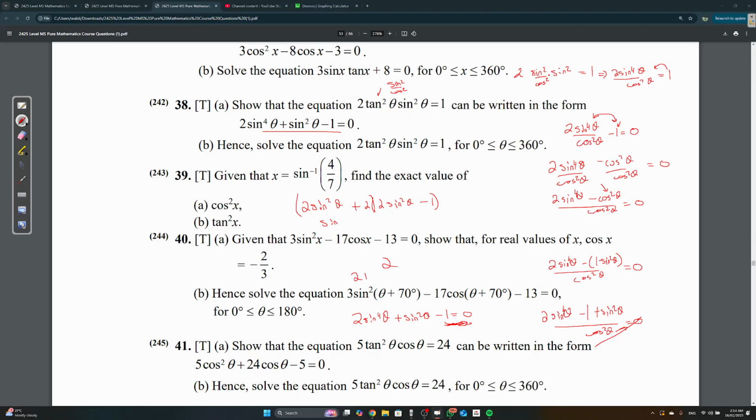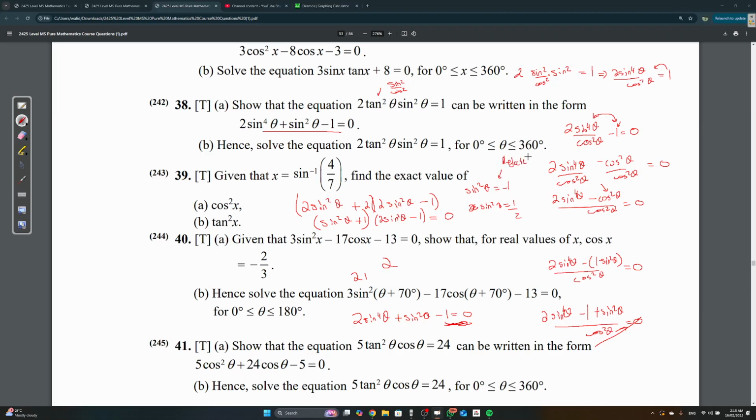You're going to get sine squared theta plus 1 and then 2 sine squared theta minus 1 equals 0. You're gonna get two solutions. Sine squared theta is equal to negative 1, and sine squared theta is equal to half. This should be rejected.